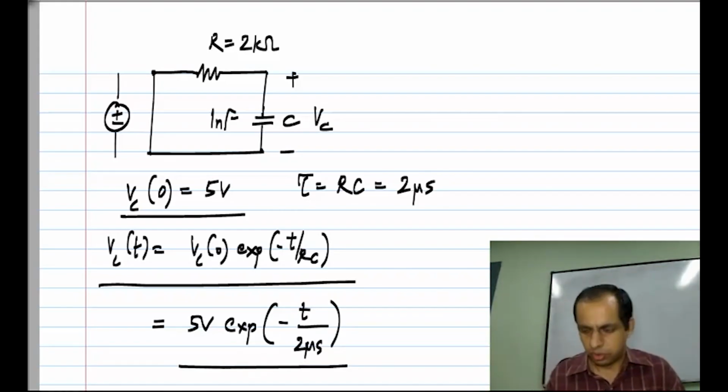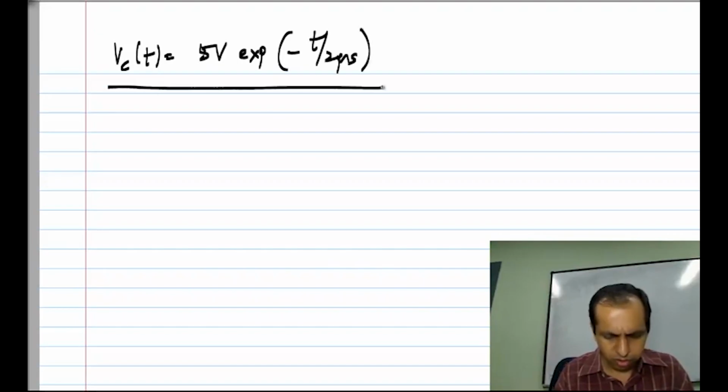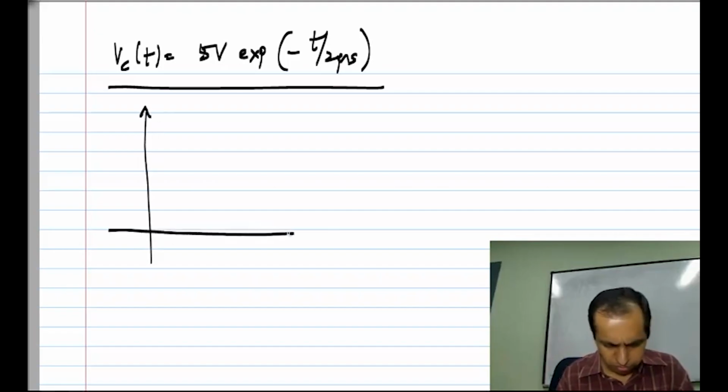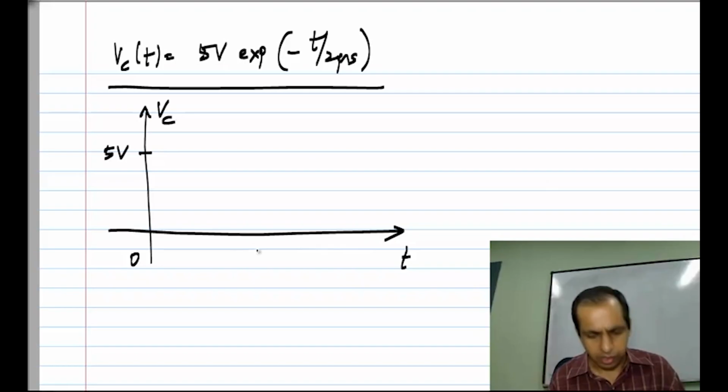Now it's also useful to always sketch these to find out how they look. At t equal to 0, obviously it starts at 5 volts. This is Vc, and it has an exponential shape.